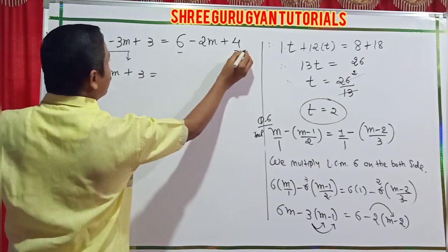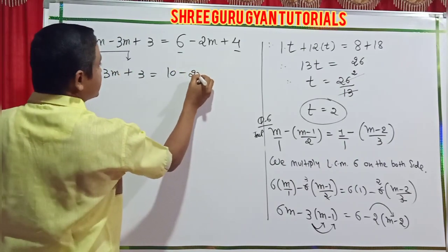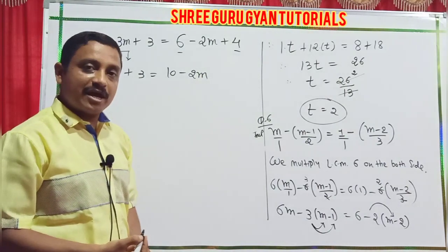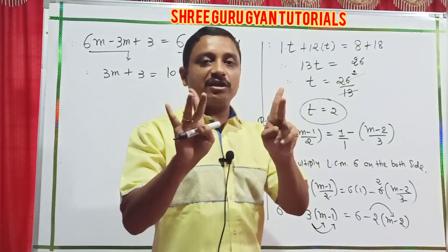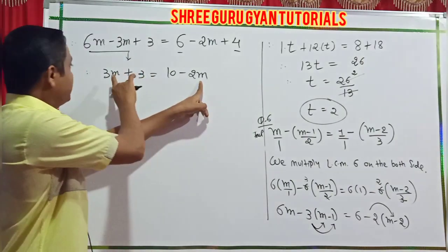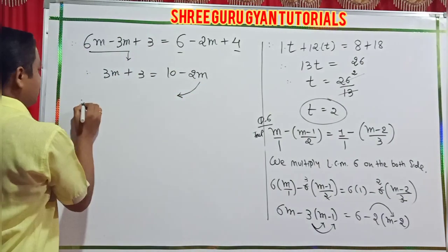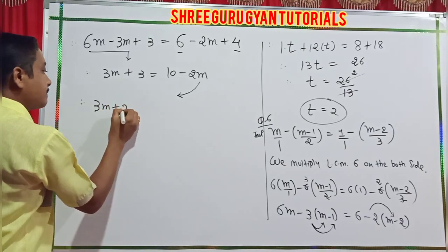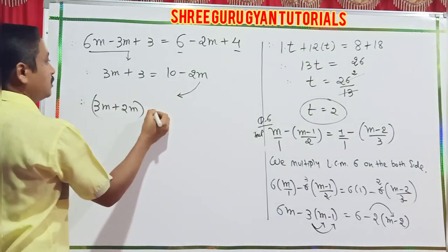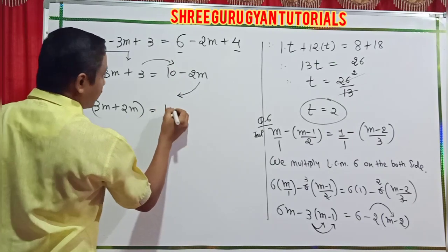Here also 6 and 4 is 10, minus 2m. Yes, finally done. Take the like terms here, this m and this m. So minus 2m converts from right to left side, 3m plus 2m is equal to, this 3 you take to the right side, so 10 minus 3.